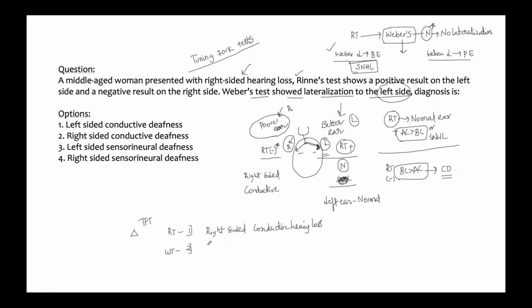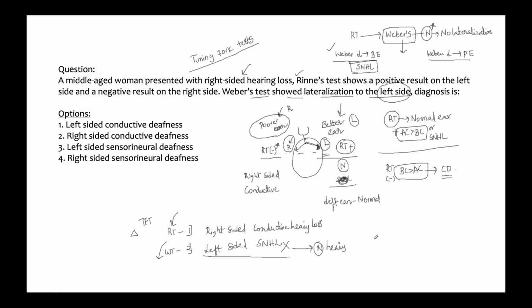That means it says left-sided sensory neuronal hearing loss. So there is a clear mismatch between the findings from Rinne's test and findings from Weber's test. Actually this shouldn't be left-sided sensory neuronal hearing loss, right? Because left side we have normal hearing as per the clinical history.